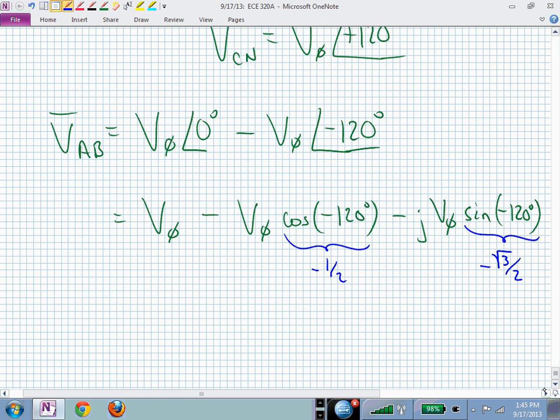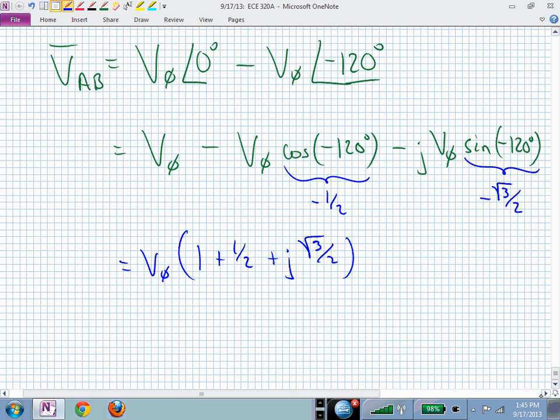Now I have just a complex number with known values. The V sub phi is in common with all of those. I now have 1 minus a minus, and I have a minus, so I have plus j square root of 3 over 2. Does everybody know what that ends up being?